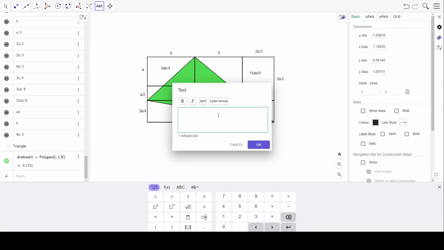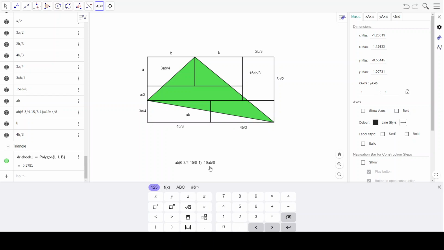So let's say AB, the total is 6 of the 6 rectangles, minus 3 over 4, minus 15 over 8, minus the 1. And it turns out that this is 19AB over 8.